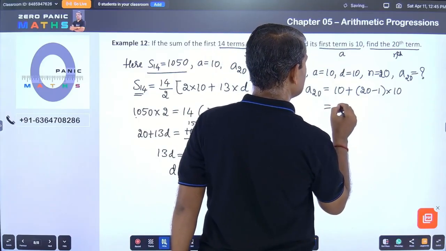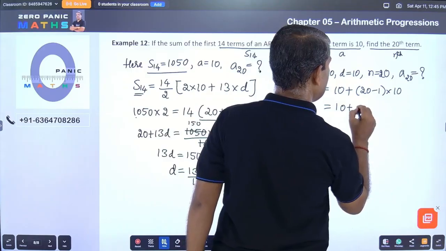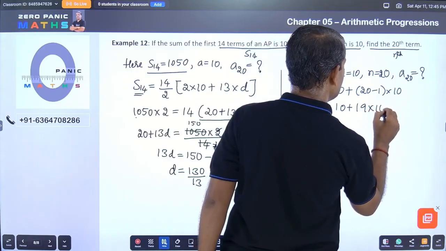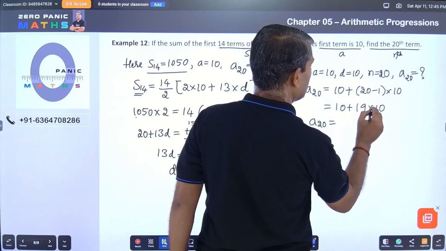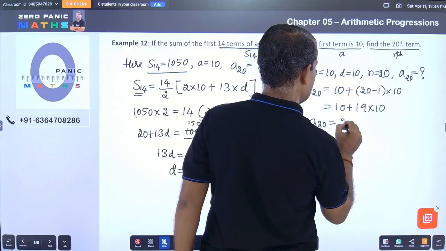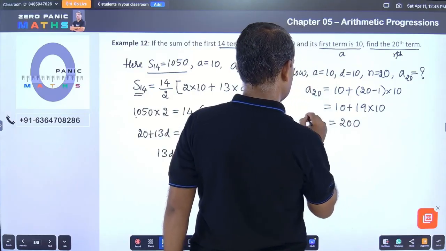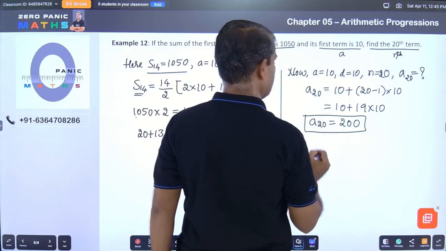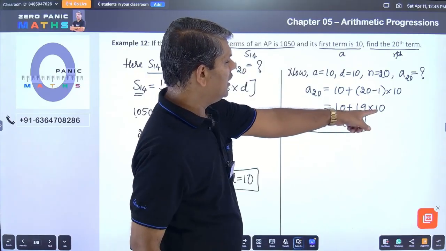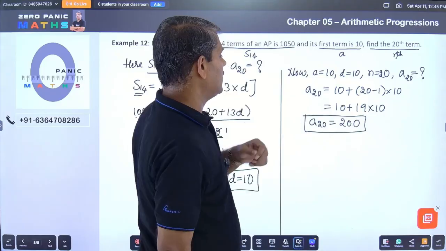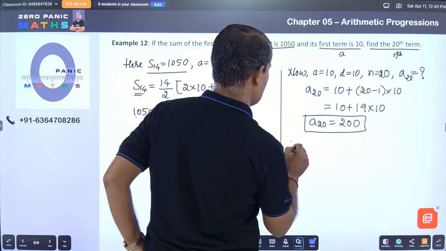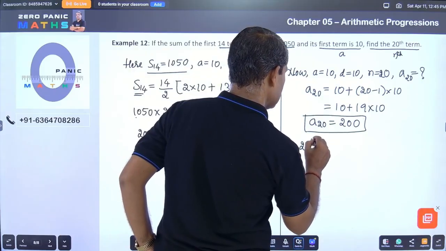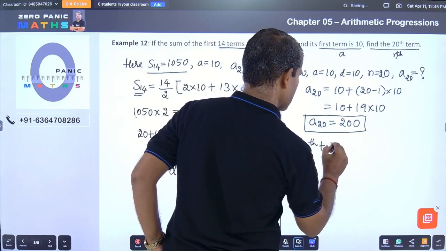So that is 10 plus 19 into 10. 19 into 10 is 190, plus 10, that is 200. Therefore the 20th term is equal to 200.